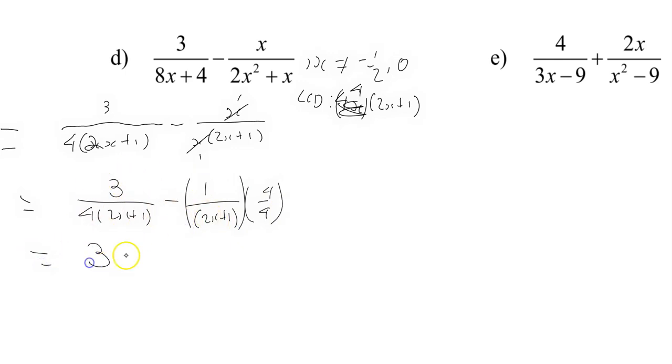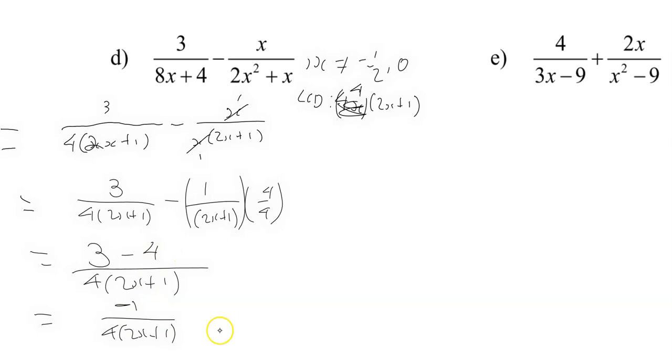So it's going to be 3 minus 4 over 4 times 2x plus 1, or negative. So you could put a negative 1 up top, or you could just put a negative in front. Just go negative 1. 3 minus 4 is negative 1. Right, and then that restriction holds.